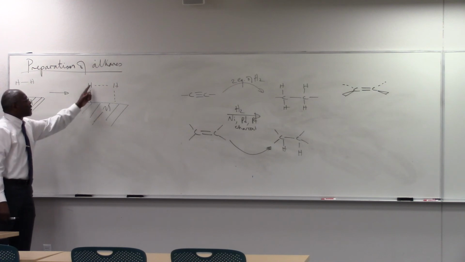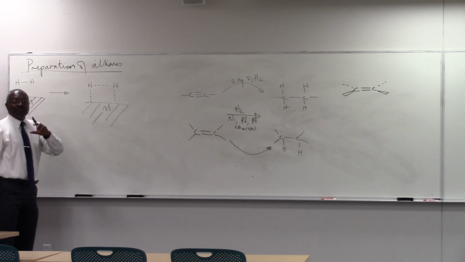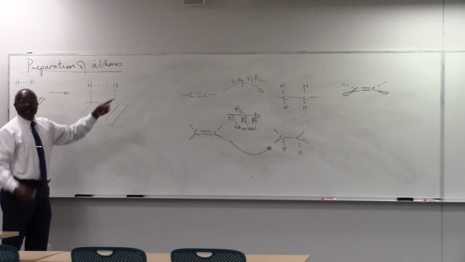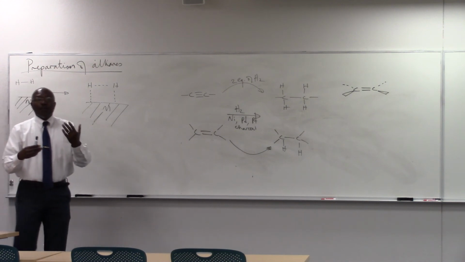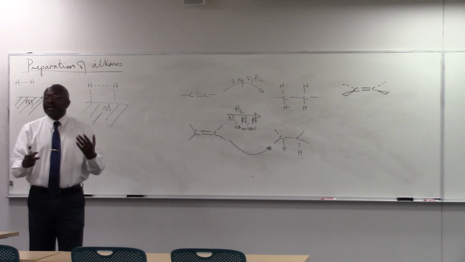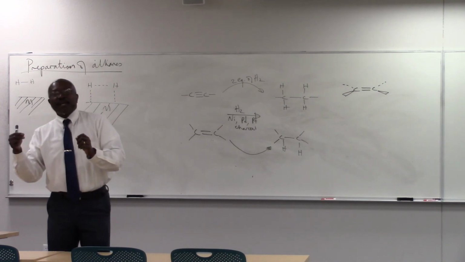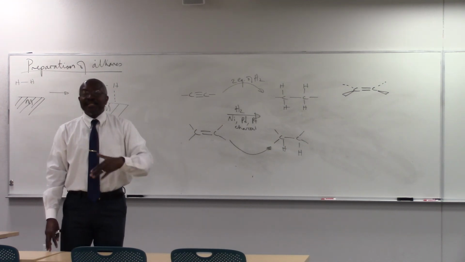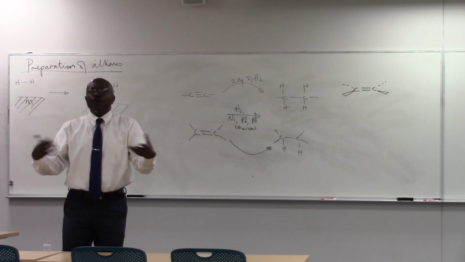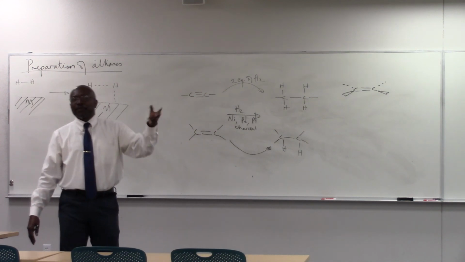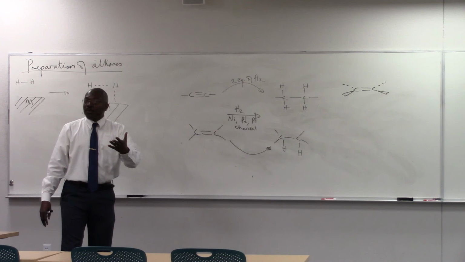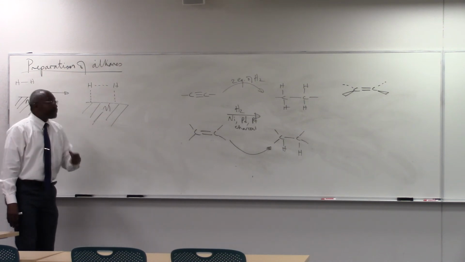One, those bonds are very weak, which is why I drew them as dotted lines. And we've used this trick before. When we were dealing with resonance, some bonds would be full lines, others would be dotted lines. A dotted line indicates it's a partial bond. We're not going to quantitate whether it's a half or a third or a quarter bond, but it's a partial bond. That indicates it's weaker.